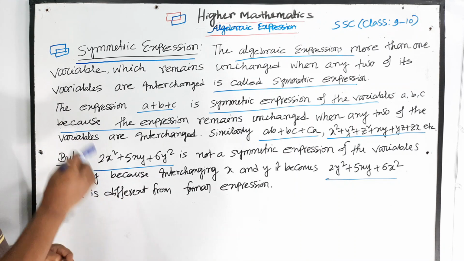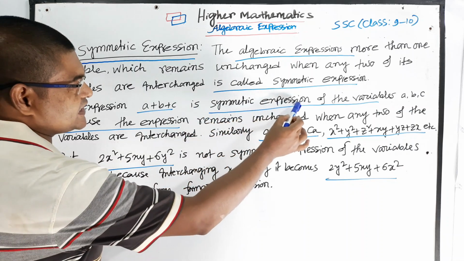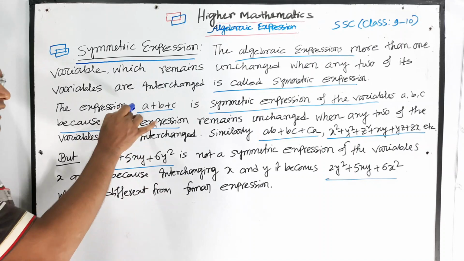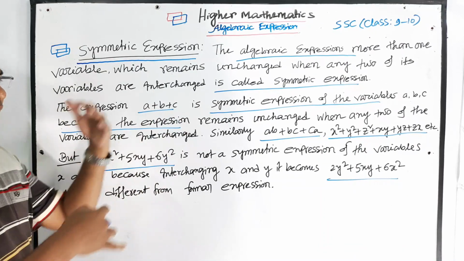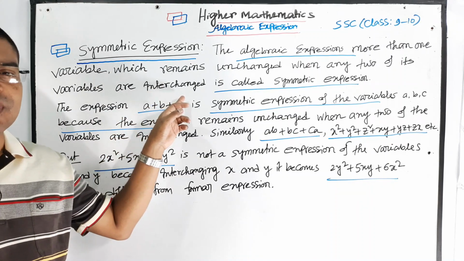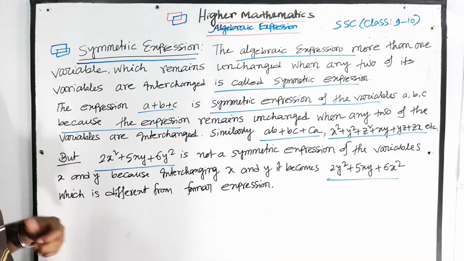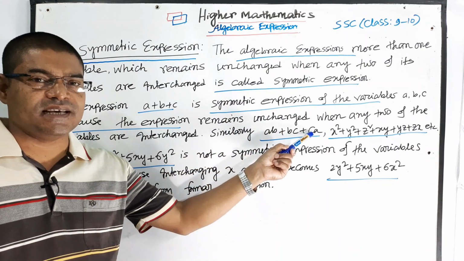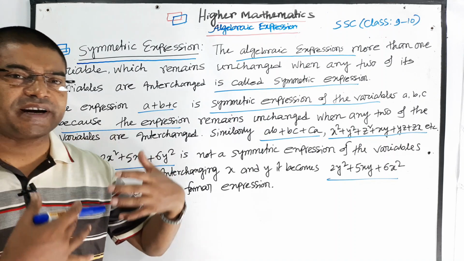Now you can see here the expression a plus b plus c is a symmetric expression, because if we change a to b and b to a, we will get again a plus b plus c. And ab plus bc plus ca: always you have to interchange two variables.